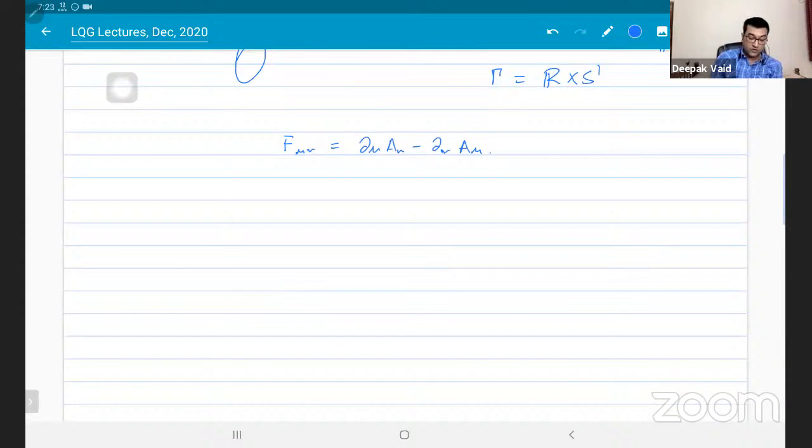Okay. Now let's ask, how do we write down the curvature tensor for a non-abelian field? First, let me write down the covariant derivative for a non-abelian field. So let's say I have a spinorial matter, right?